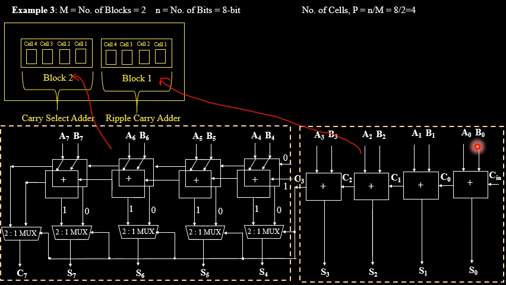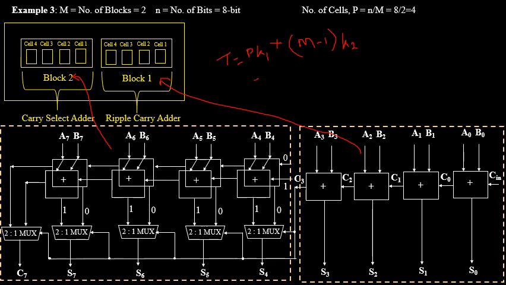So if I want to calculate the delay for this, since the computation time is given as equal to, once again I am writing the equation, that is P into K1 plus M minus 1 into K2.